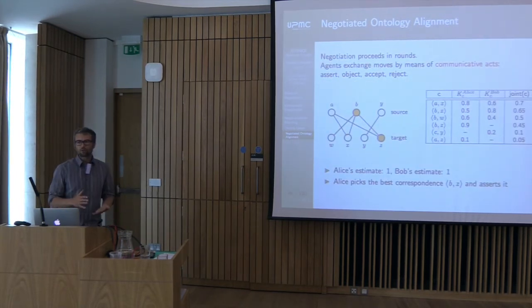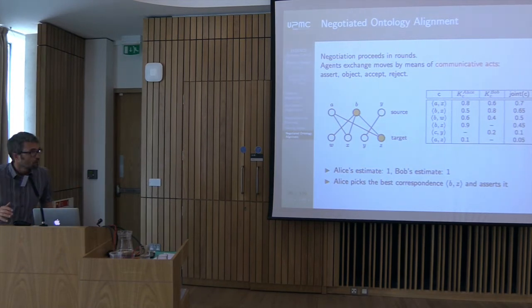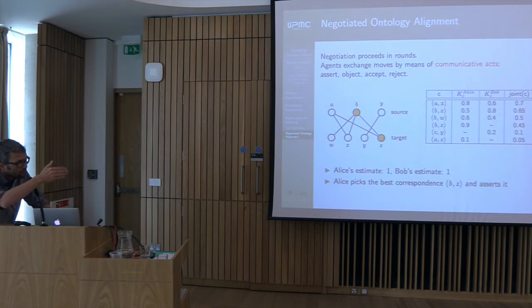Then you have a negotiation which proceeds in rounds, and in these rounds agents exchange moves by communicative acts, like in agent communication, and as we saw before in different protocols. You have assert, object, accept, and reject. So assert is: I assert that we have this correspondence with some degree of belief. And the interesting thing is the objection.